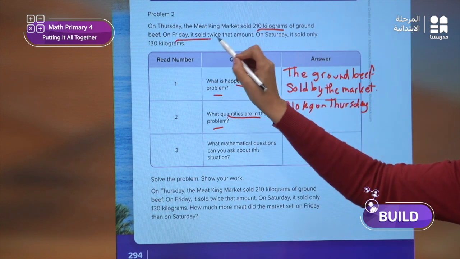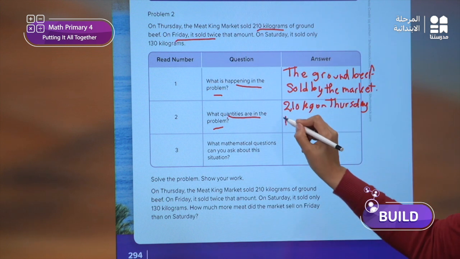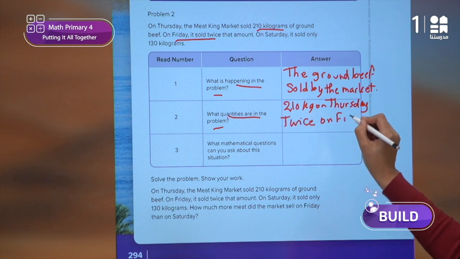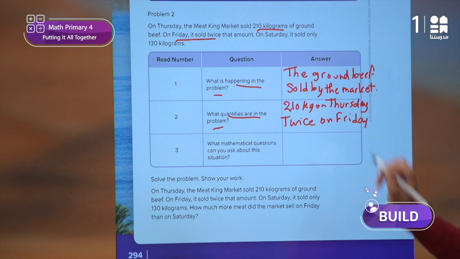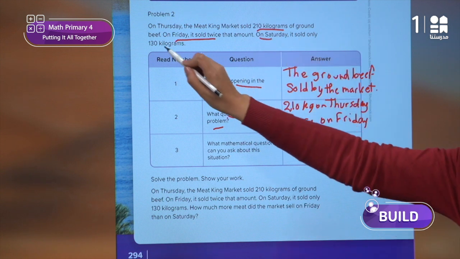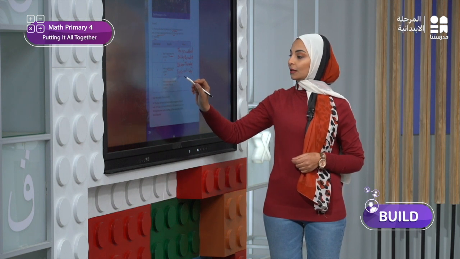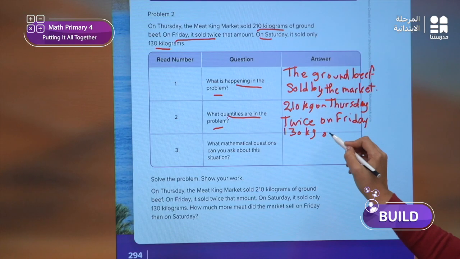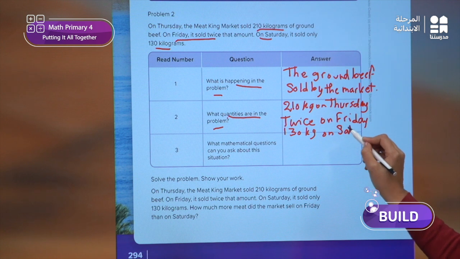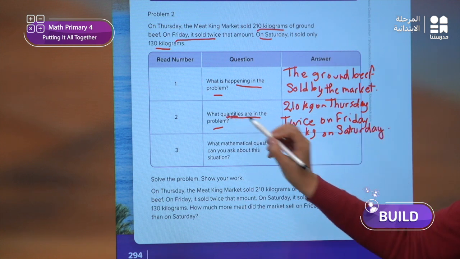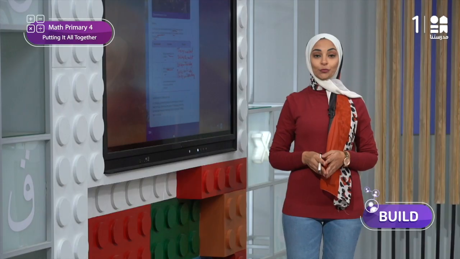On Friday it sold twice. Twice on Friday. This is also quantity. On Saturday it sold 130 kilogram. So 130 kilograms on Saturday. I got all these quantities from problem number 2.